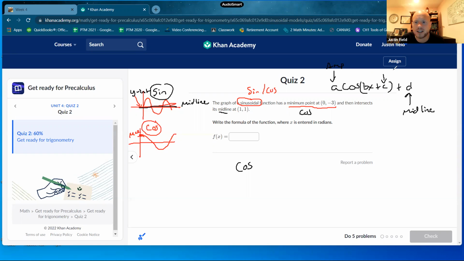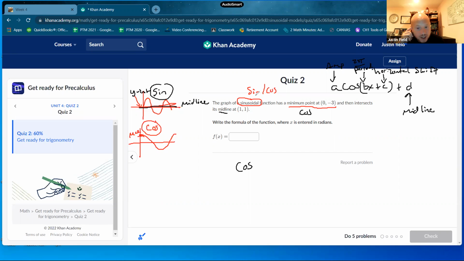The C is our horizontal shift, which may or may not be there. And then the B is equal to 2 pi over the period. That is what B is. So we need to figure out all of those.